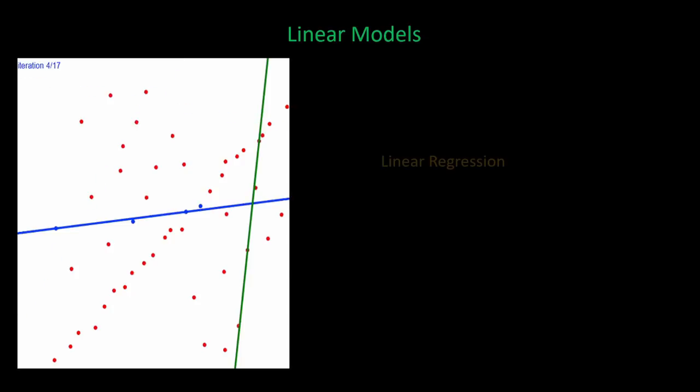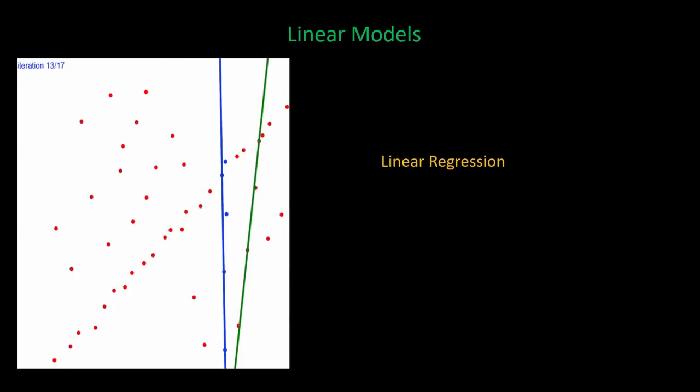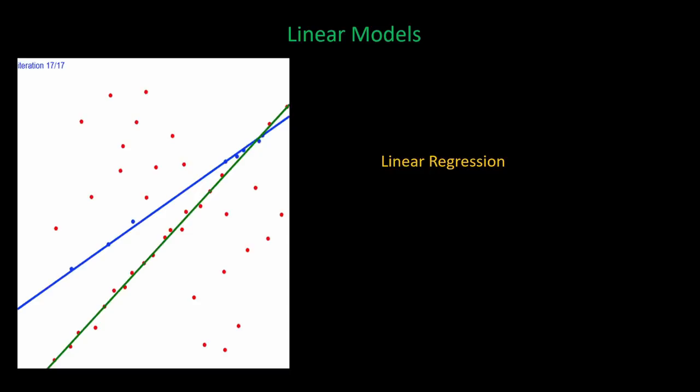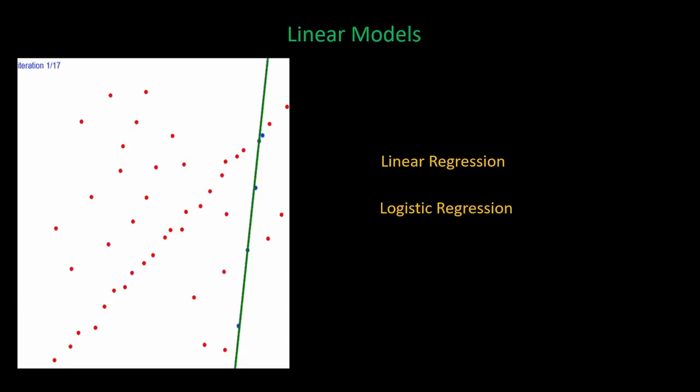The variable you want to predict is represented by an equation of variables you know. And so prediction is just a matter of inputting the independent variables and having the equation spit out the answer. This also breaks down into a couple of subsets: linear regression and logistic regression.